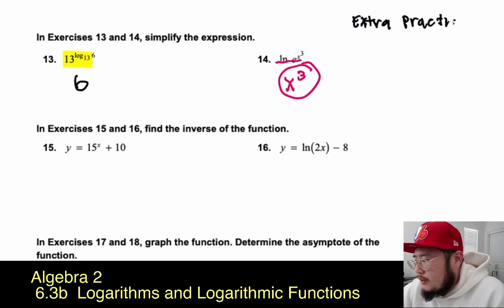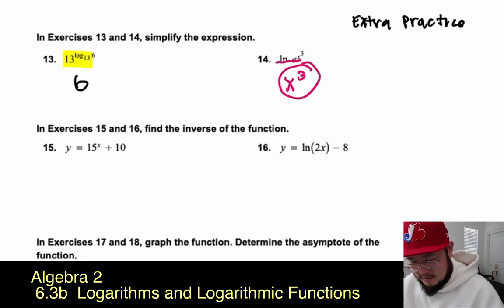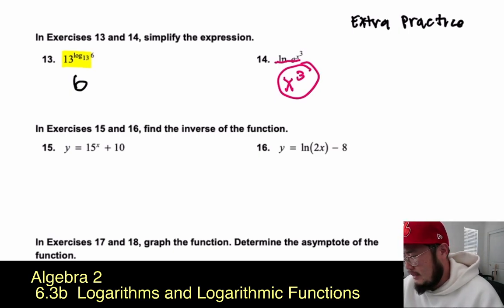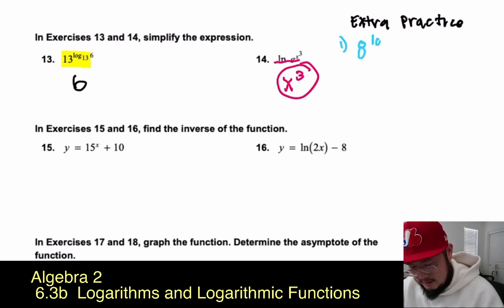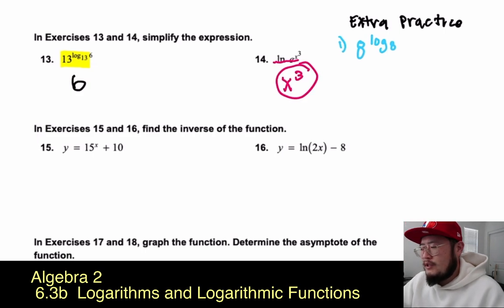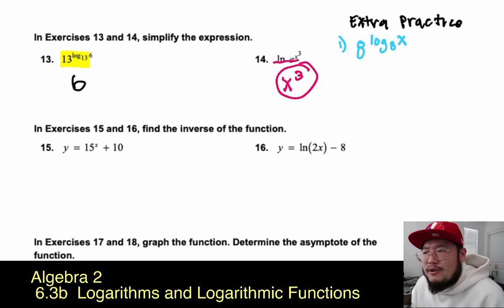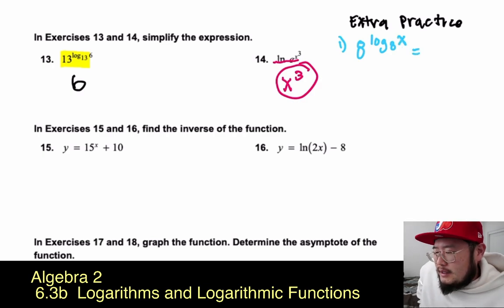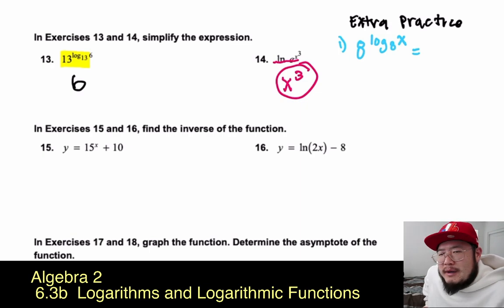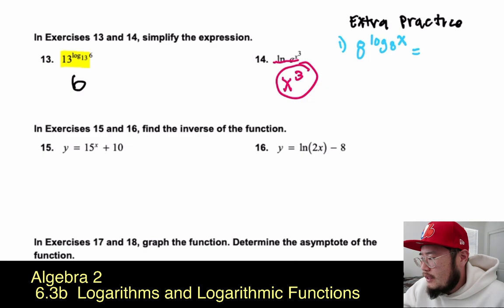The first one I've got: we'll have 8 as the base, raised to the log base 8 of x. Once again, similar to number 13, the base happens to be the same as the base in the exponential log. So this ends up equaling x.